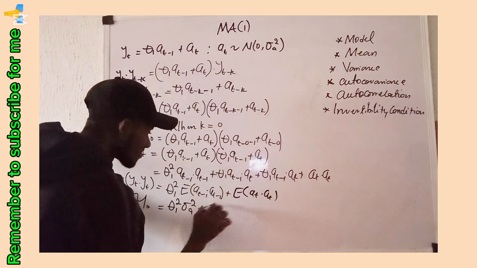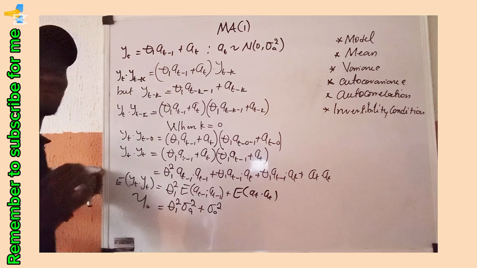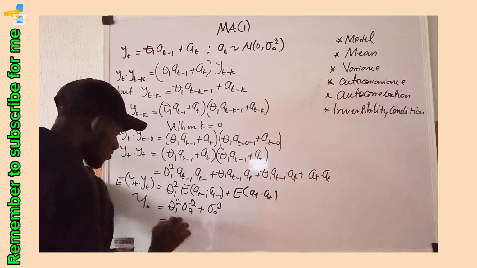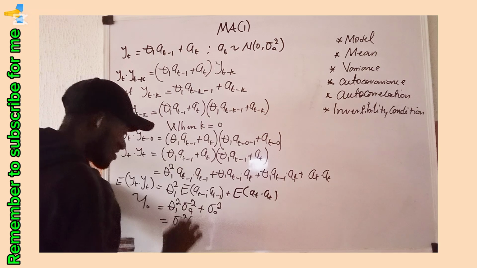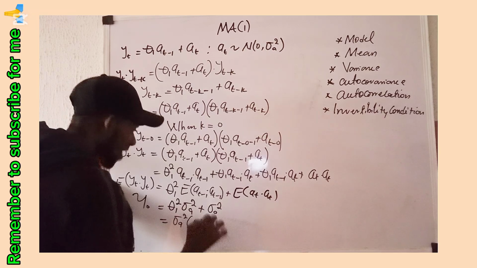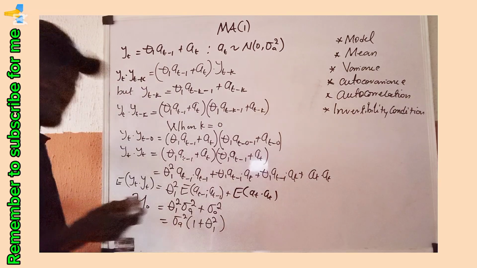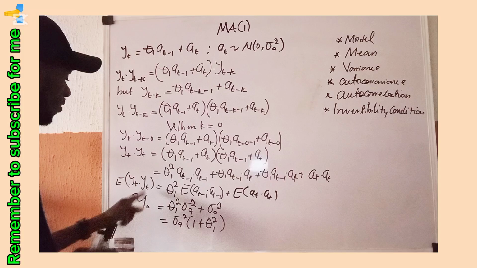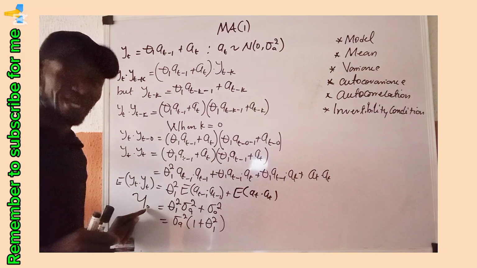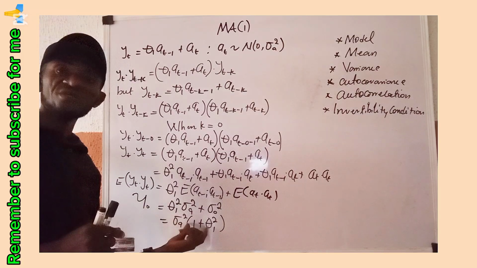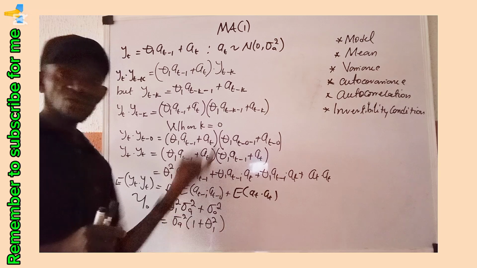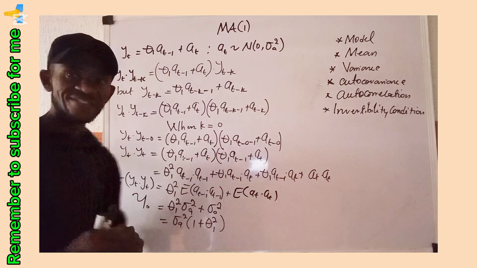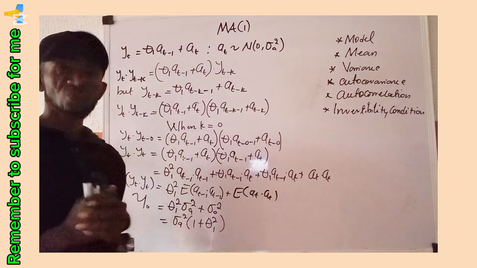So here becomes sigma squared of A. So this now becomes, factoring like what we did before, sigma squared of A into 1 plus theta 1 all squared. And as you can see, that's the reason why people comfortably say that the autocovariance at lag 0 is the same thing as variance, because this value is exactly the value we had when we proved our variance. So this is autocovariance at lag 0 when k is equals to 0.